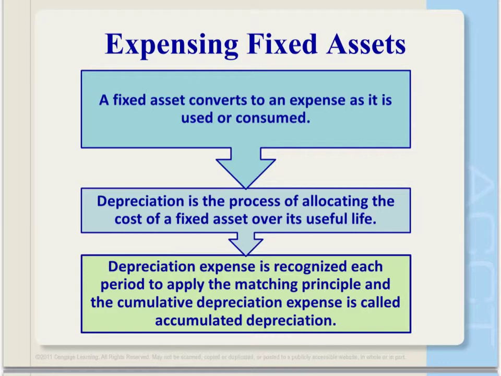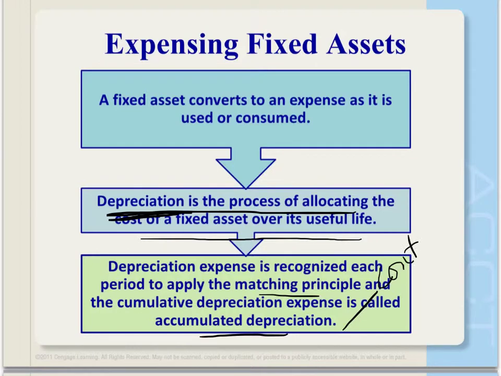So when we expense a fixed asset, it converts to an expense as it is used or consumed. We call that depreciation. It is the process of allocating the cost of a fixed asset over its useful life. Depreciation is recognized each period to apply the matching principle, and accumulated depreciation expense is called accumulated depreciation.